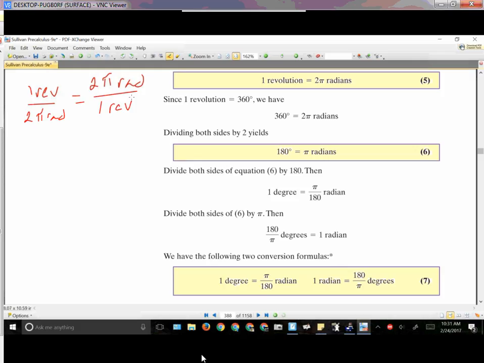So likewise over here, I would have 180 degrees over pi radians, which would be equal to pi radians over 180 degrees.